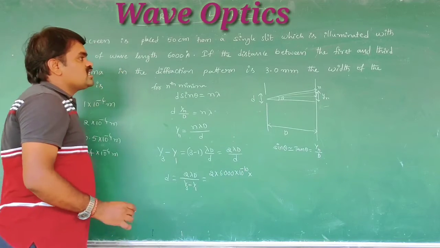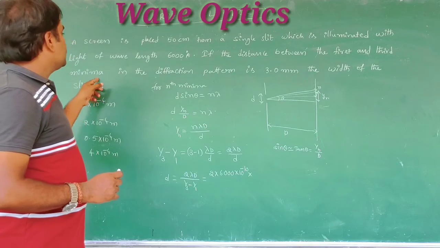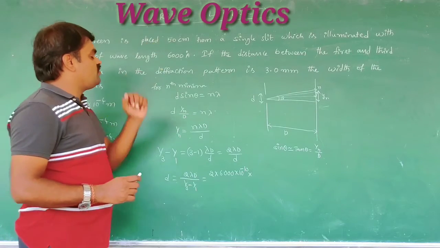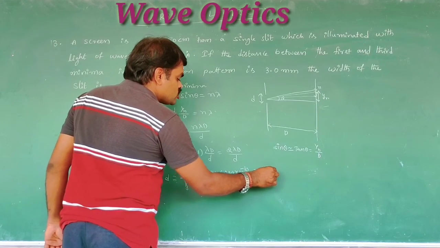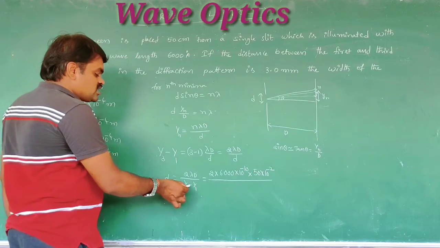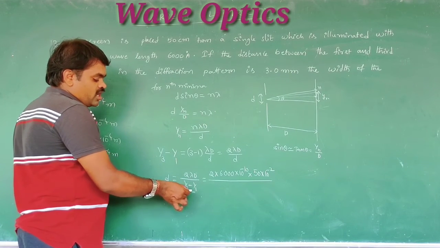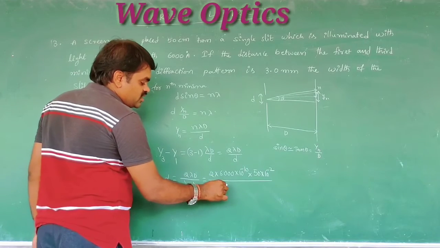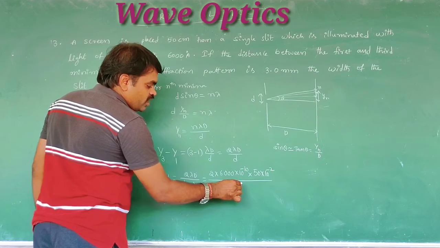The D value, the distance between the slit and screen, is 50 centimeters, that is 50 into 10 to the power of minus 2, divided by the distance between the first and third minima, which is 3 mm, that is 3 into 10 to the power of minus 3.